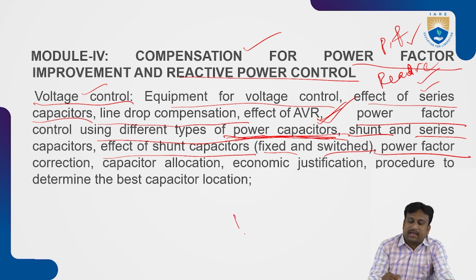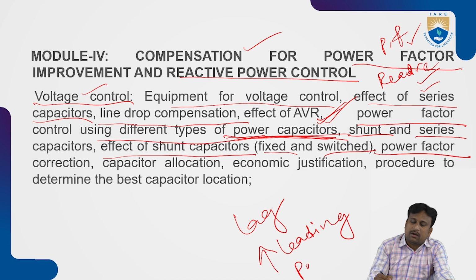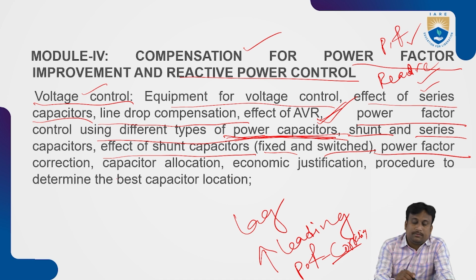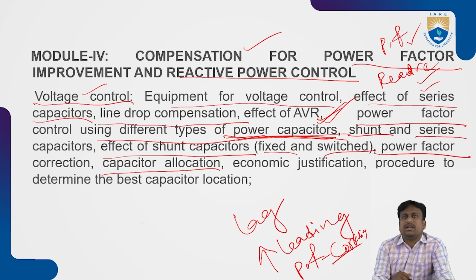Whenever the power factor is lagging, we need to make it leading. So we will go for a method called power factor correction. Because of this, you can maintain your power factor within suitable limits. We will make the capacitor allocation here.